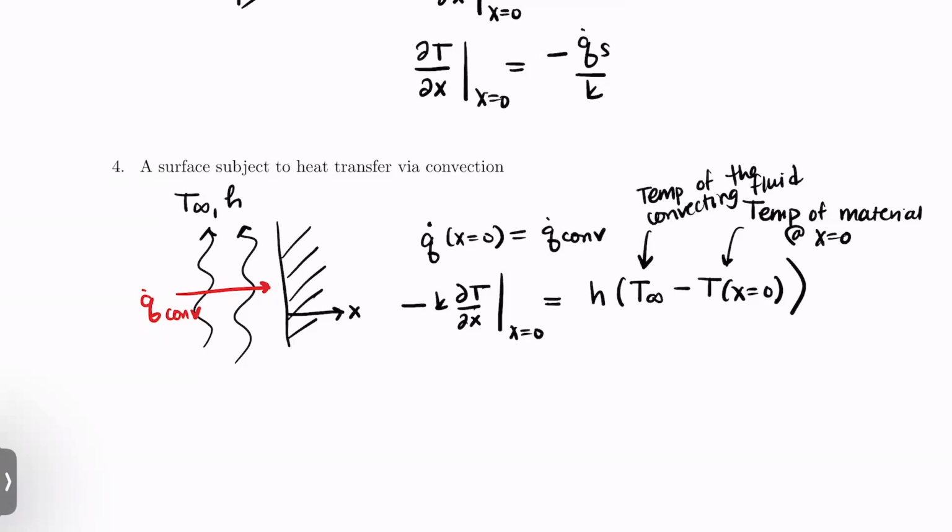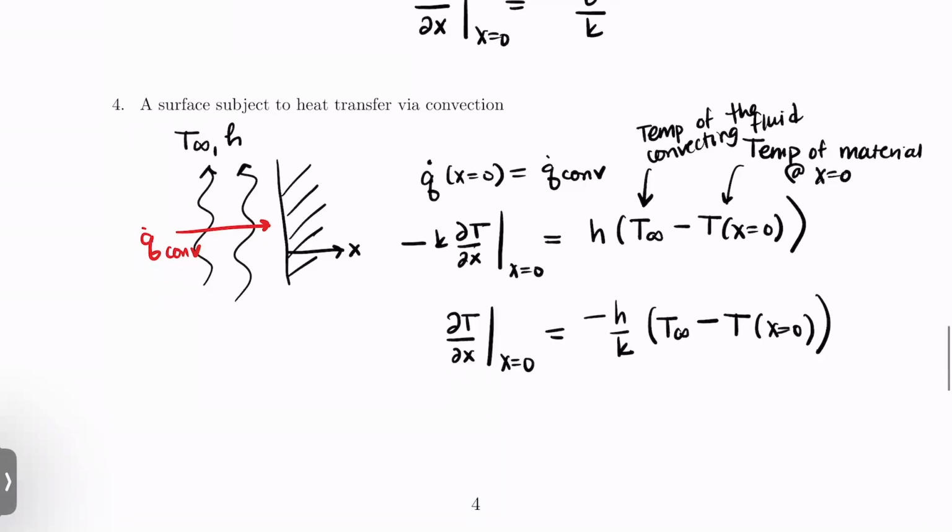And then I'm just going to divide through again by negative k, how I did before. So we have partial T partial x at x equals 0 is minus h over k, T infinity minus T at x equals 0. And the same process applies if the surface is subject to radiation.